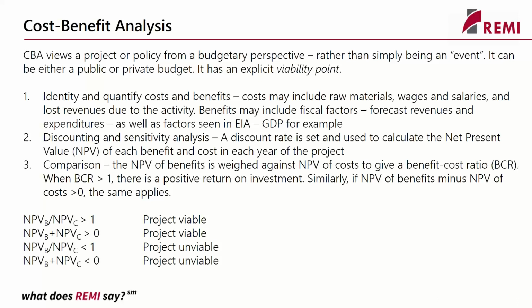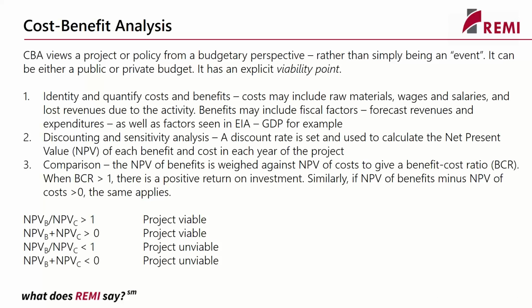So the second step is discounting and a sensitivity analysis. Discount rates can vary between different projects. For our purposes, in the following example that you'll see in a few moments, the discount rate is set at 7%. Essentially what that does is weigh the opportunity cost of spending the money now as opposed to spending it later, as well as on one project versus another.